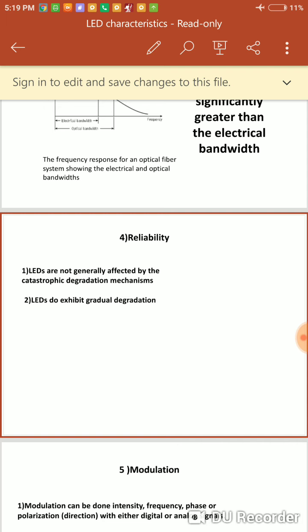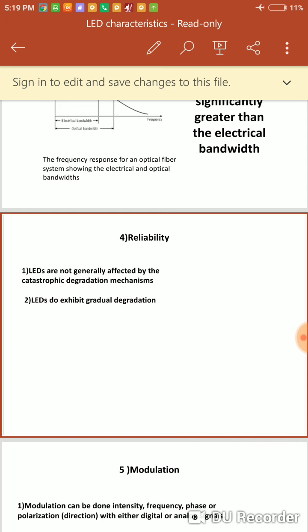In the active region, if there is some defect formation, that gives an error in the output light. So the output emission will not suddenly stop, but definitely whatever amount of light we are getting at output is reduced. In case of LED, gradual degradation is present.